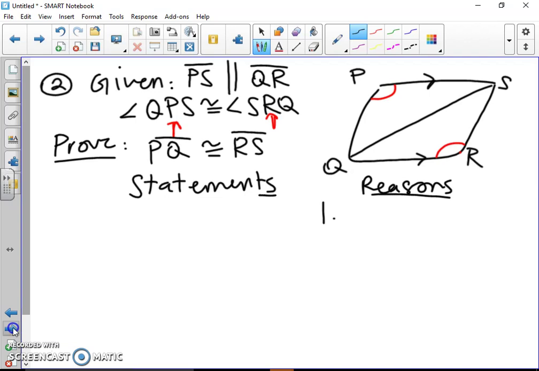Statements, reasons. All right, so let's make sure I noted everything. QPS is there and SRQ is there, and now these lines are parallel. So we have two given statements.